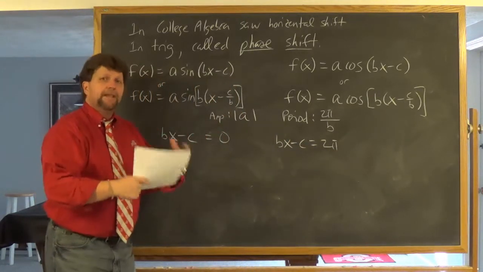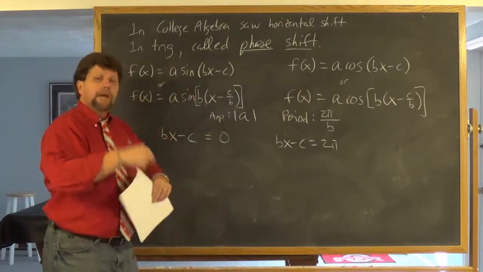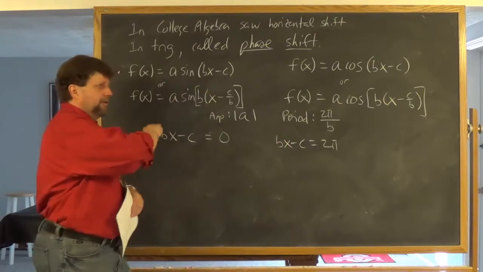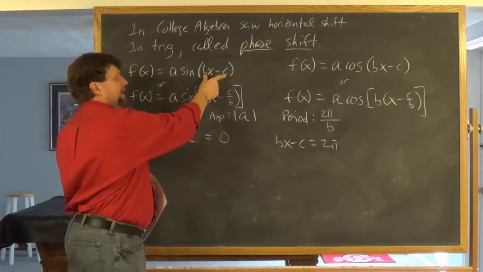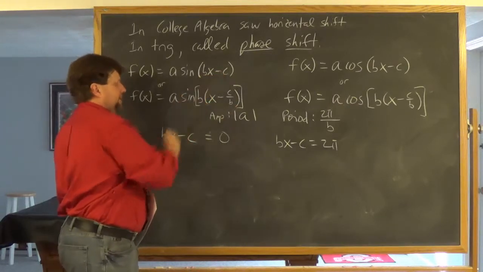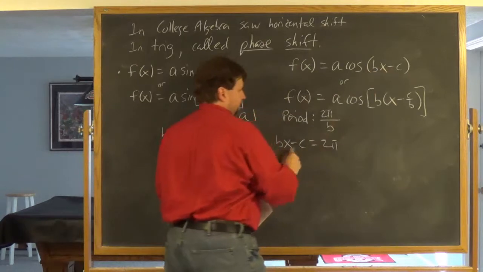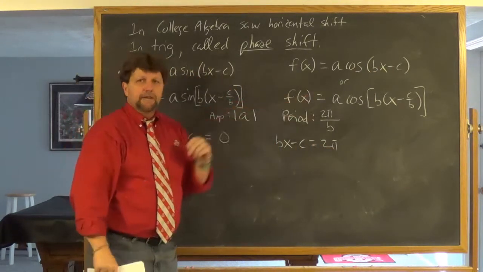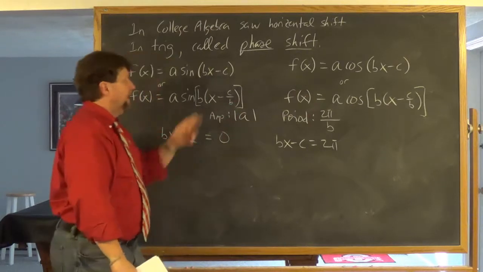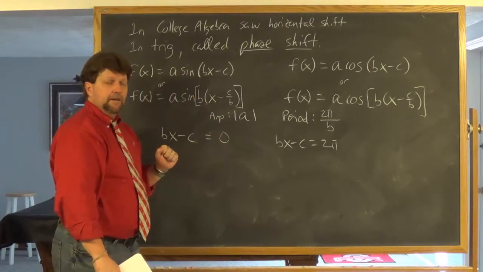So it's just like I'm taking this stuff that's in the parentheses and setting it equal to 0, and setting it equal to 2 pi. Again, it doesn't matter if it's a sine or cosine function, and it doesn't matter which of these two forms I'm talking about.